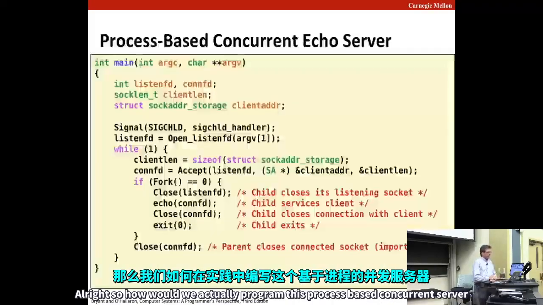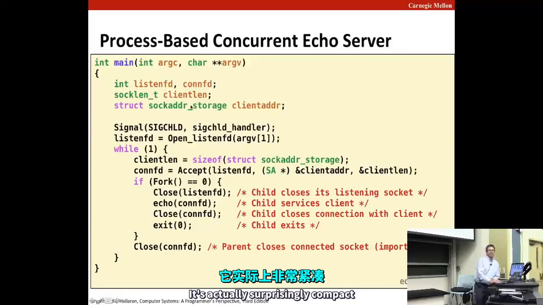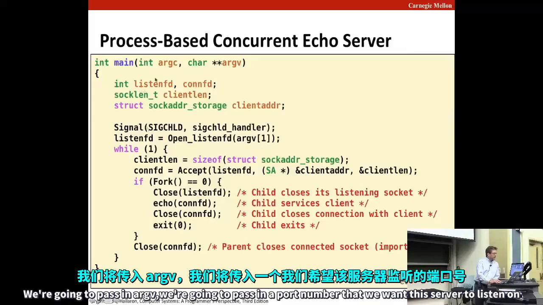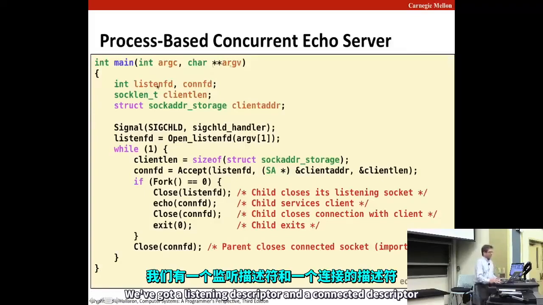All right, so how would we actually program this process-based concurrent server? It's actually surprisingly compact. So we're going to pass in argv, a port number that we want this server to listen on. We've got a listening descriptor and a connected descriptor.